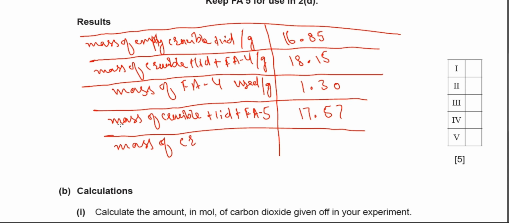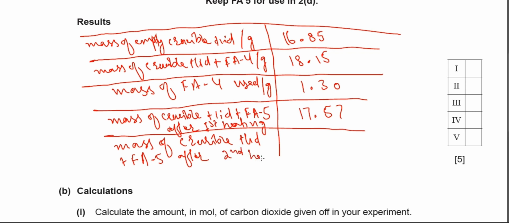I've missed one thing: mass of crucible plus lid plus FA5 after first heating. And now here you can say crucible plus lid plus FA5 after second heating.